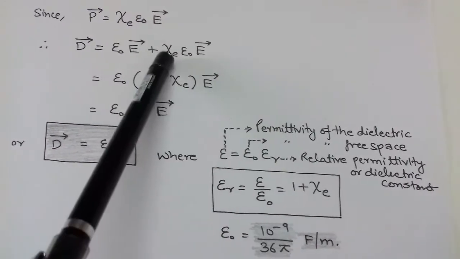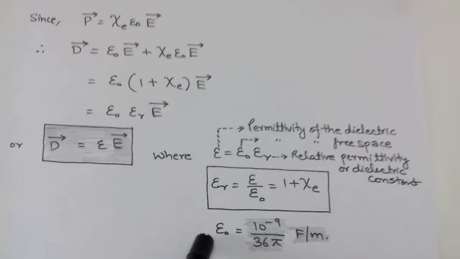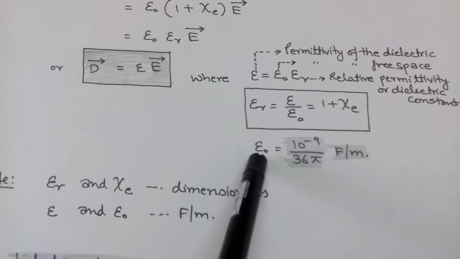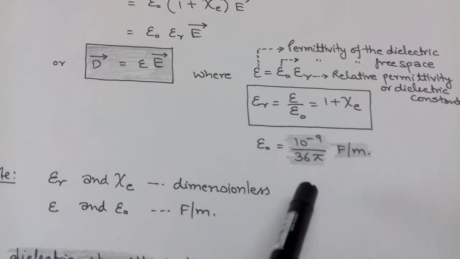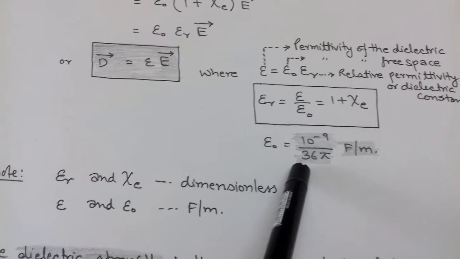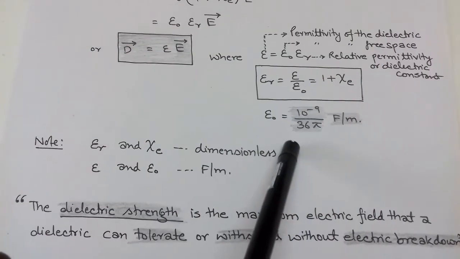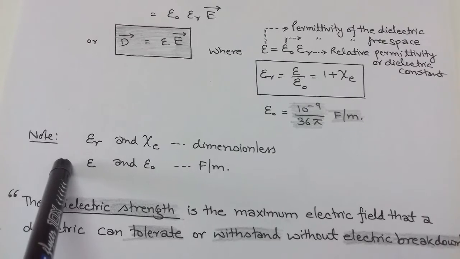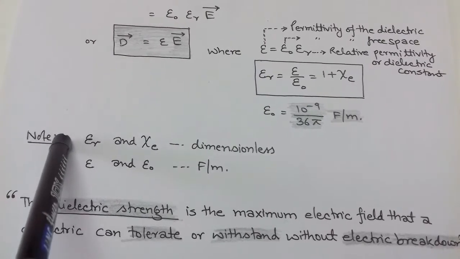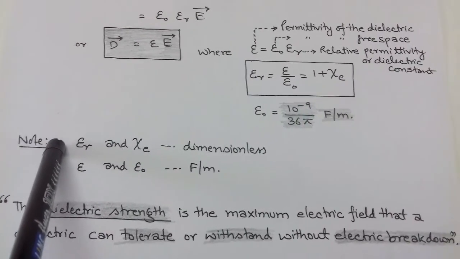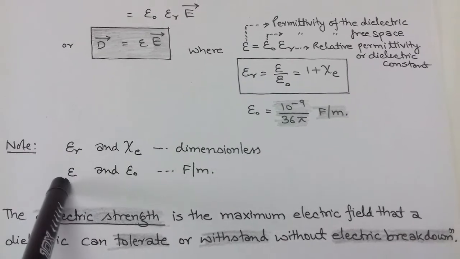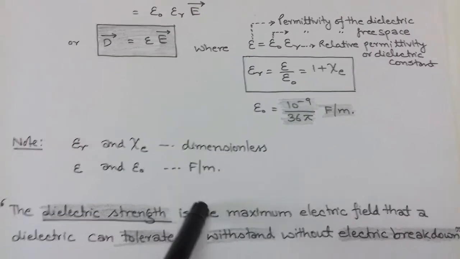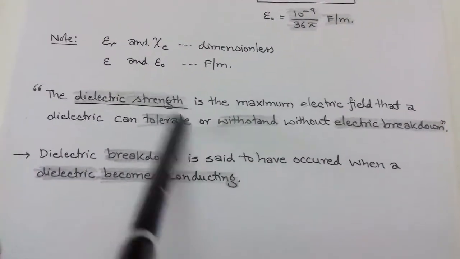This epsilon R is equal to 1 plus psi E, and the permittivity of free space, epsilon naught, has a constant value, that is 10 to the power minus 9 upon 36 pi farad per meter. Since the relative permittivity and electric susceptibility are dimensionless, the unit of epsilon and epsilon naught is farad per meter.